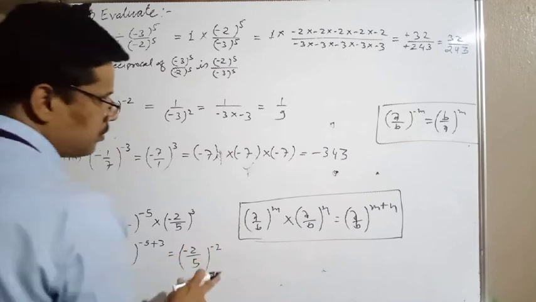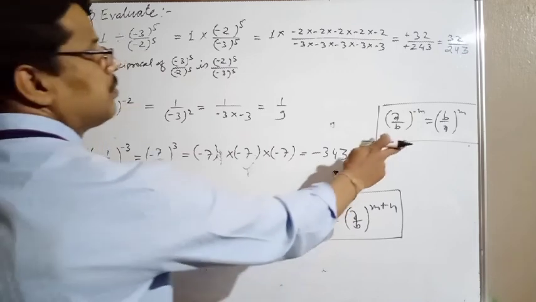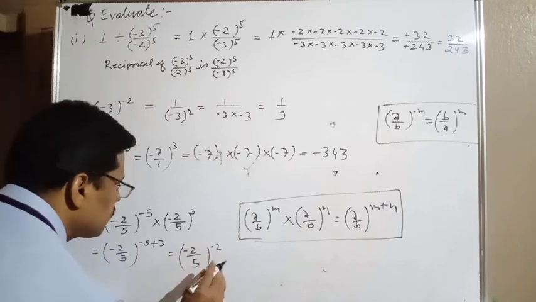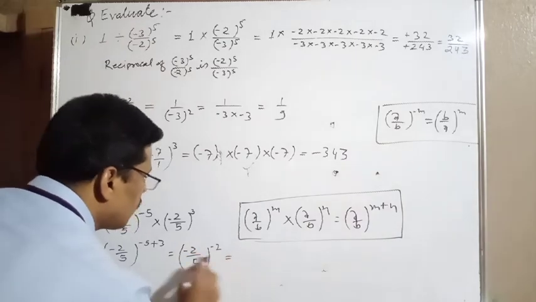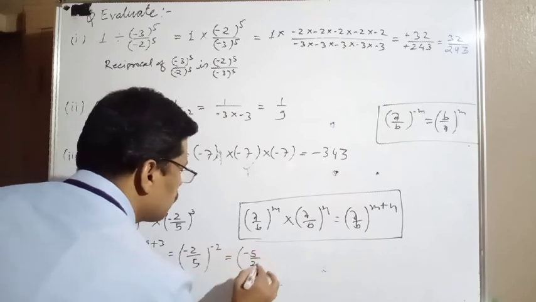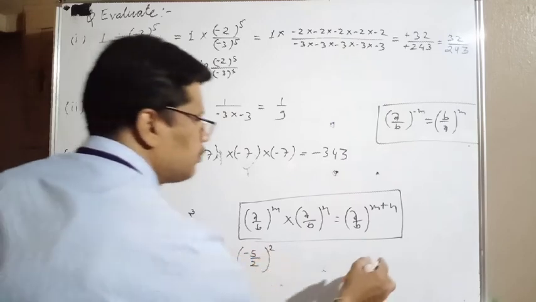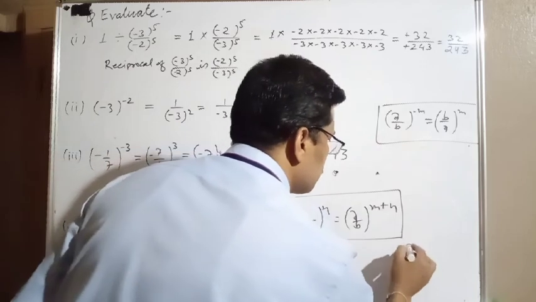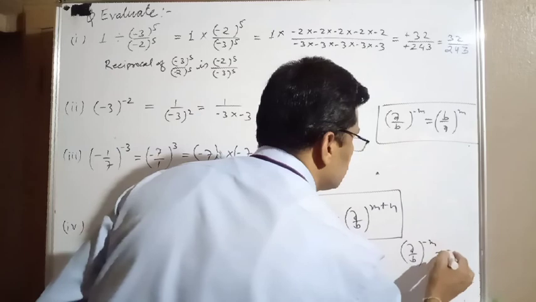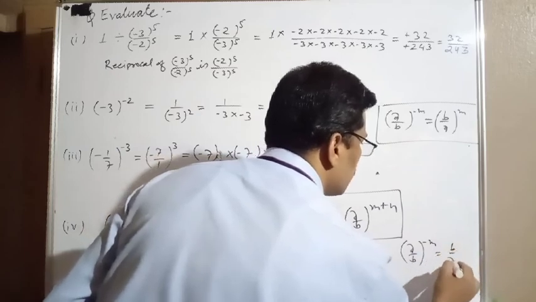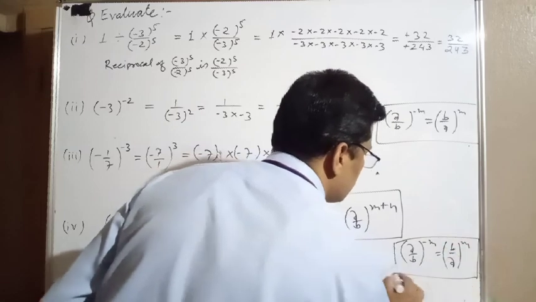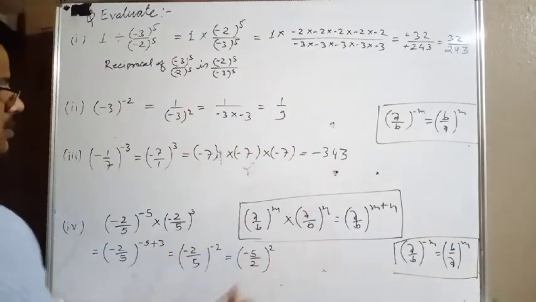Now this negative power we want to convert into positive. So which formula will we use? This formula. So we can write here minus 2 upon 5 becomes minus 5 upon 2 power 2. If you want, you can also write this formula again by using a upon b power minus m is equal to b upon a to the power m, in brackets in front of this step.